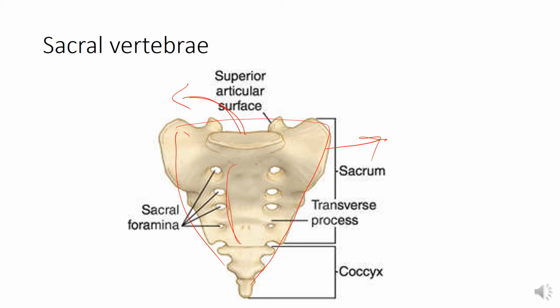Inferiorly it articulates with the coccyx. So it forms three joints: one with the fifth lumbar vertebrae, two with the adjacent hip bones to form the sacroiliac joints, and one at the bottom with the coccyx bone.